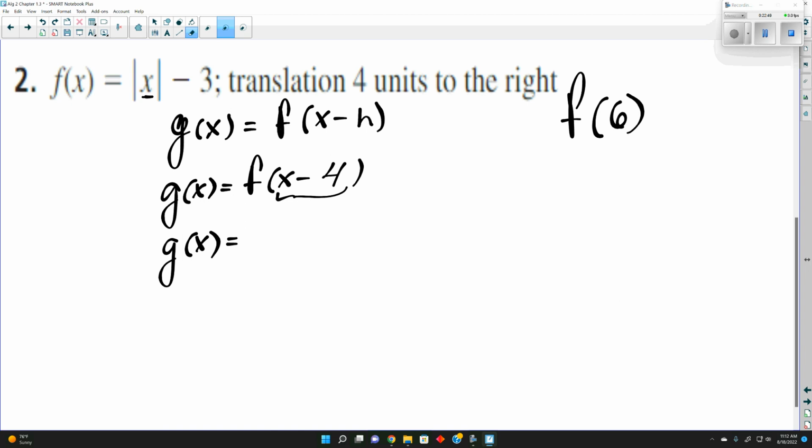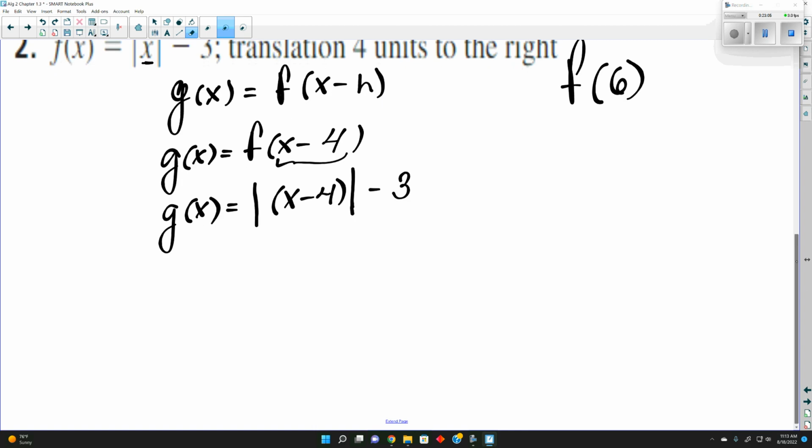So we'd have the absolute value of x minus 4, because that's the only thing inside the absolute values, just the x. Then we have like terms? Yes, if there are any like terms to combine, we will combine them. Do we need those parentheses? No, so we can drop the parentheses, which would give us the absolute value of x minus 4.